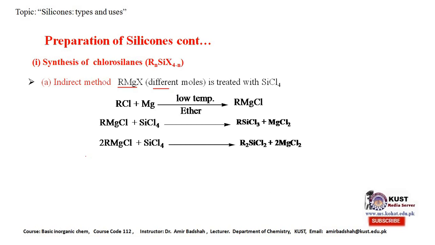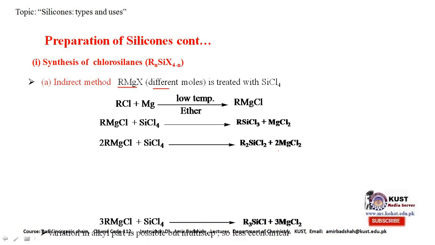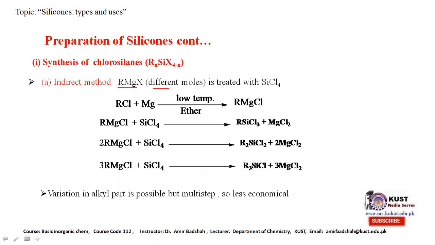If 2 moles of Grignard reagent react with 1 mole of tetrachlorosilane, then we will get dialkyl dichlorosilane along with 2 moles of magnesium chloride as a byproduct. And similarly, if we treat this with 3 moles, we will get trialkyl chlorosilane along with 3 moles of magnesium chloride.